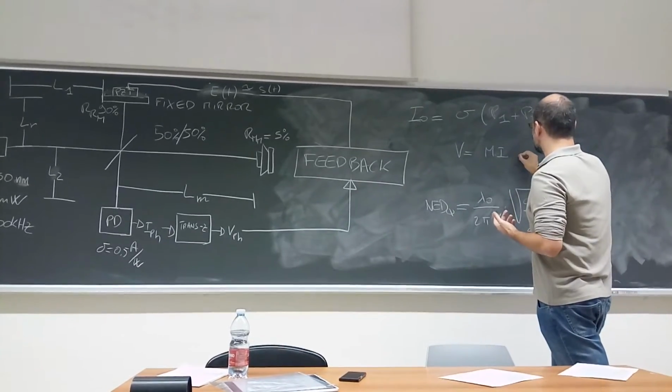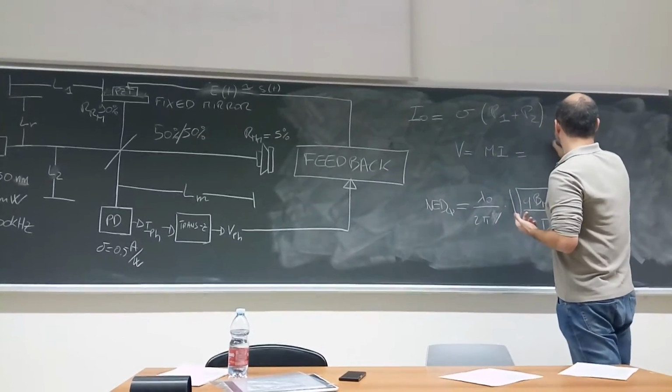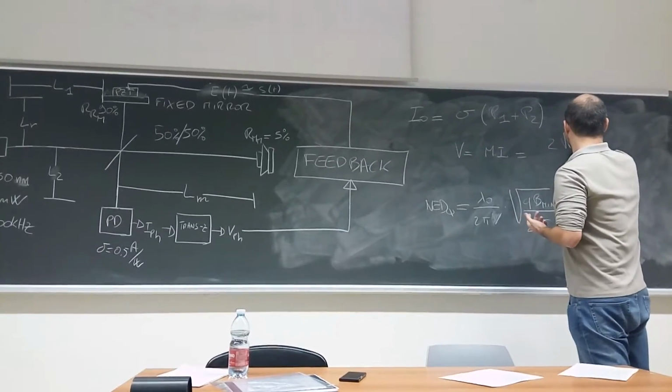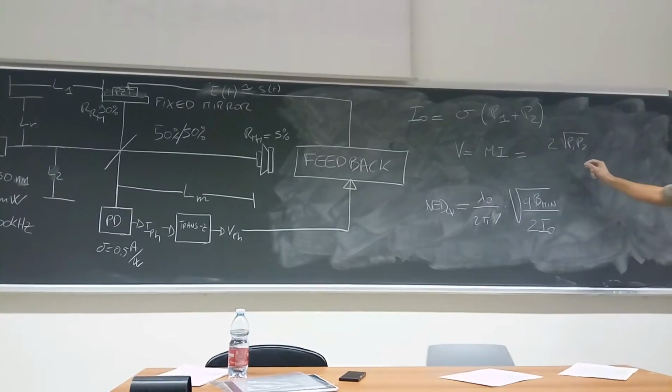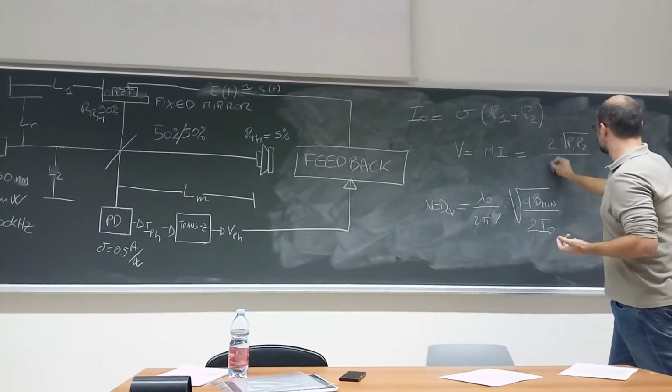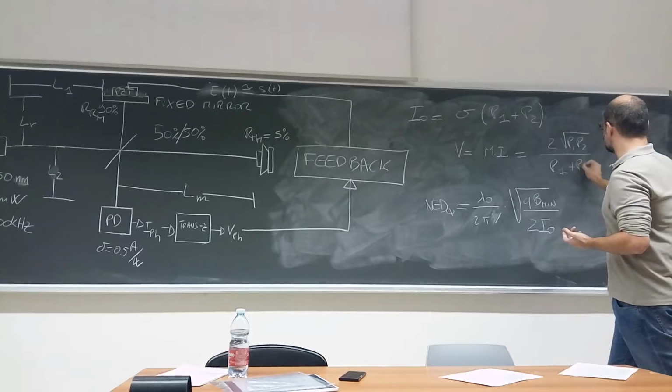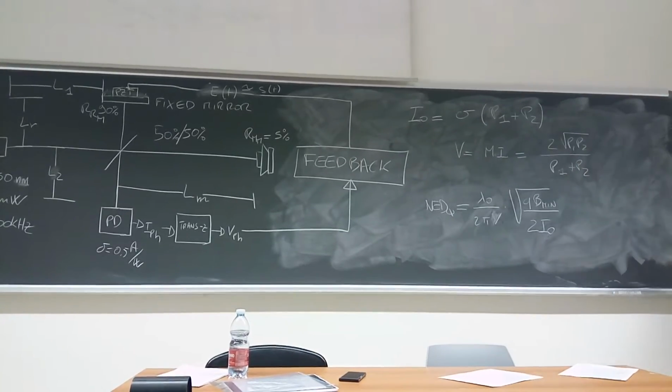So in a way, this is given by two terms. You can evaluate this as 2 multiplied by the square root of the product of P1 by P2, over P1 plus P2. Okay?